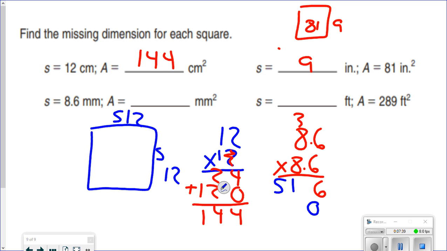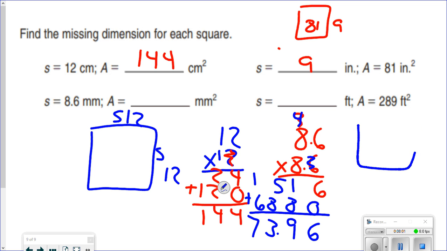Put a place value holder here. 8 times 6 is 48. 8 times 8 is 64, plus 4 is 68. I'm going to add these up. I got a 6, I've got a 9, got a 13, and I have a 7. I have 73.96 is my answer.